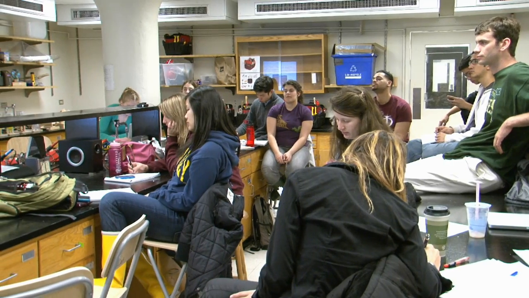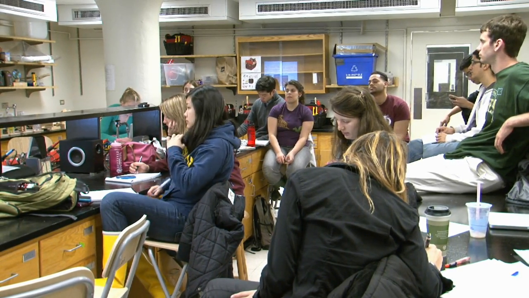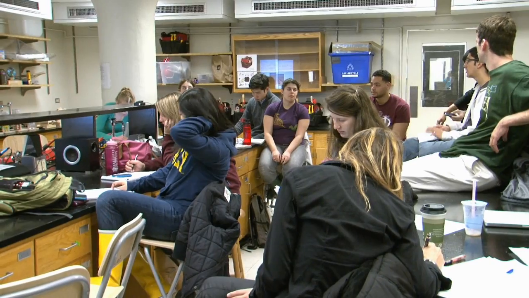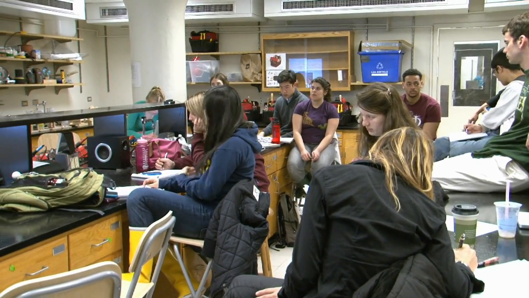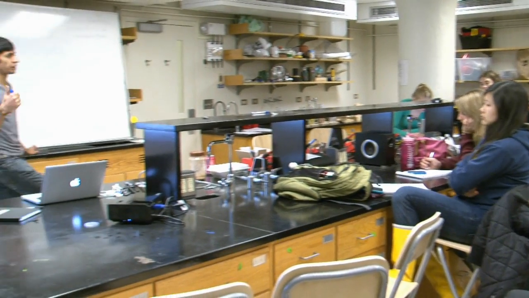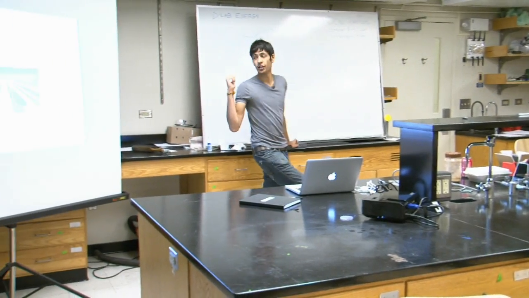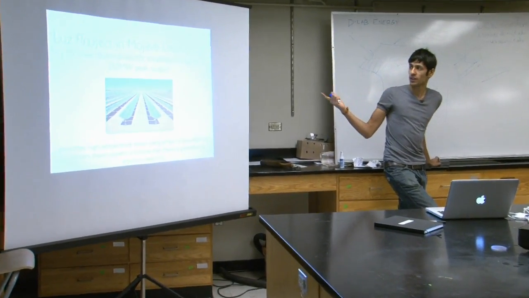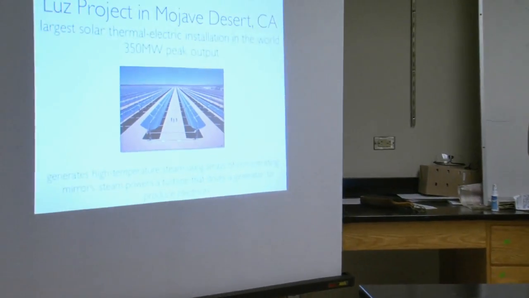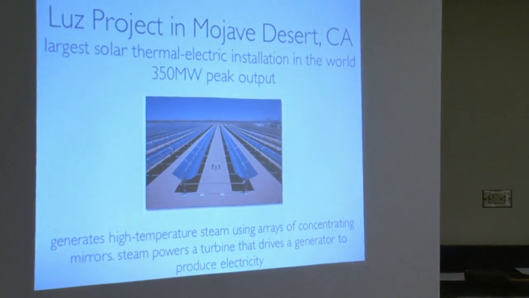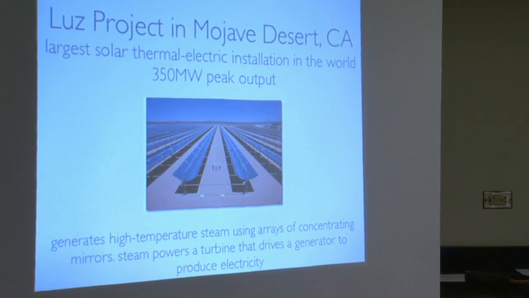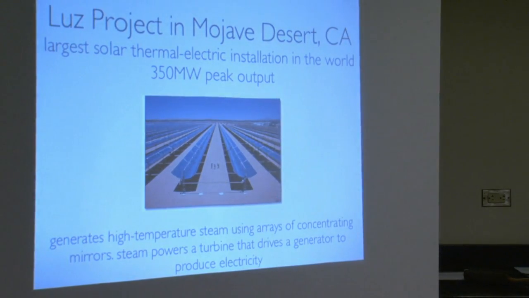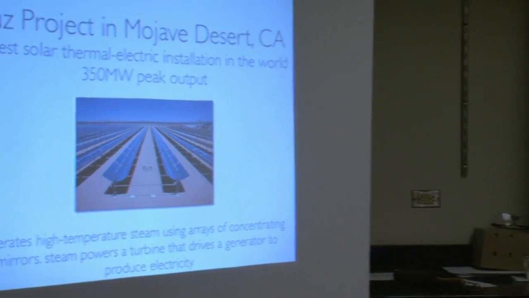Does that make sense? So you have steam, which powers a turbine, and that turbine generates electricity. You're not doing something simple like heating water anymore. You're using the same technology, but now you're generating electricity from it.